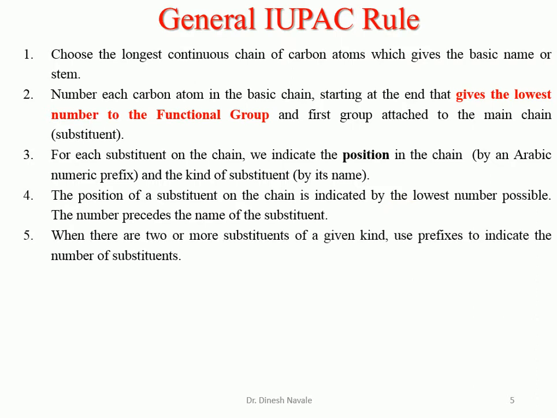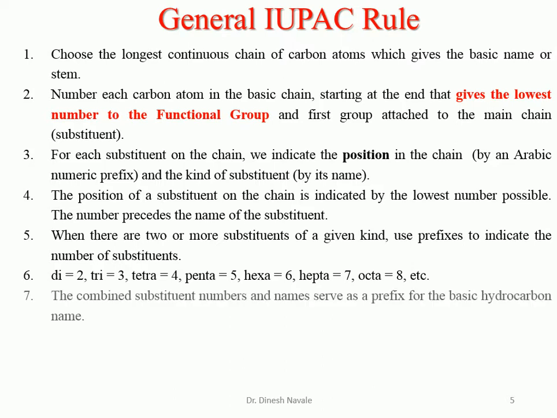When two or more substituents of the same kind are present, we have to utilize the prefixes like di, tri, tetra, penta, hexa, hepta, octa, etc., for more than two substituents of the same kind.